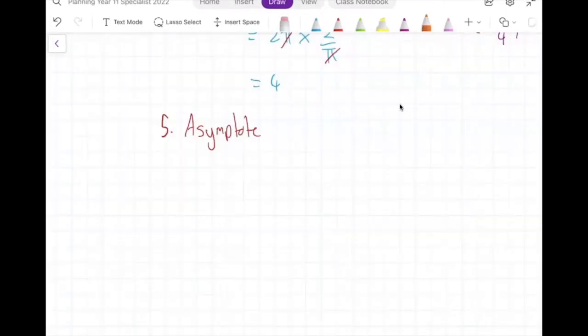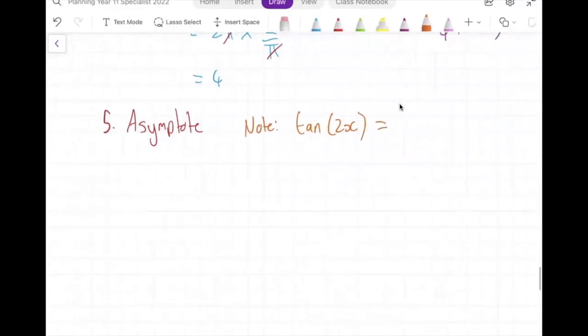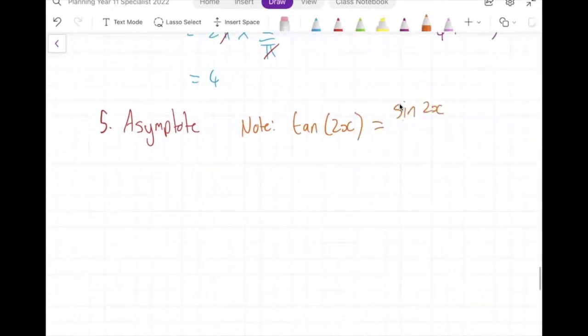And as a quick note, for some of our tan graphs, if it's a simple function like tan of 2x, for example, it might be an easier way because that's going to equal sine of 2x over cos of 2x. My asymptotes occur when cos of 2x is equal to 0. So it could be easier solving for cos 2x equals 0.